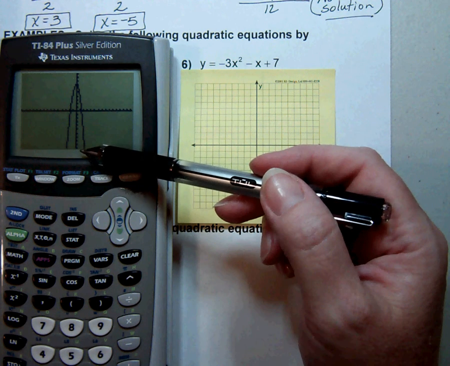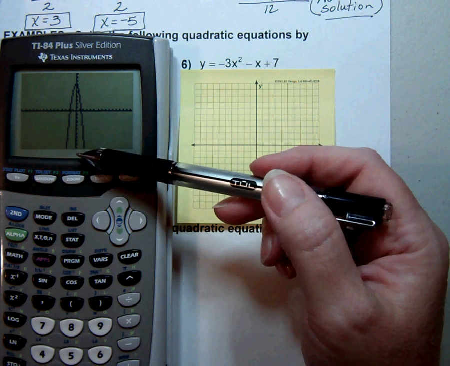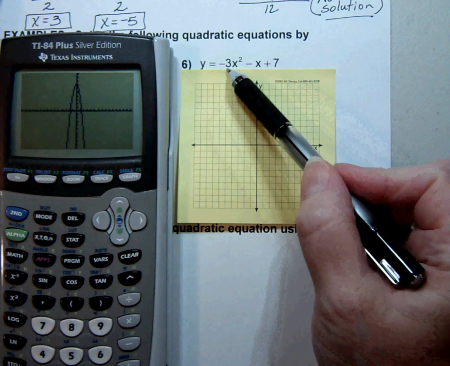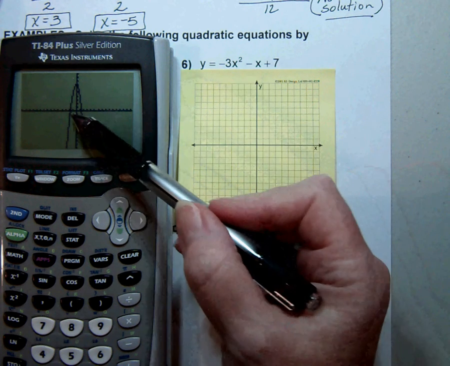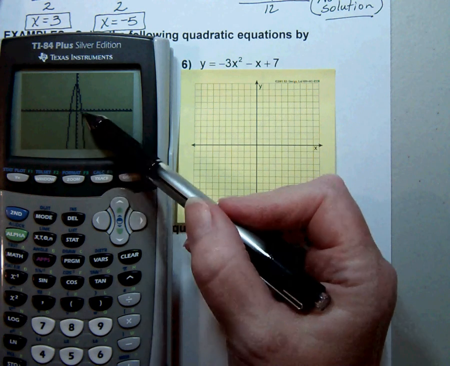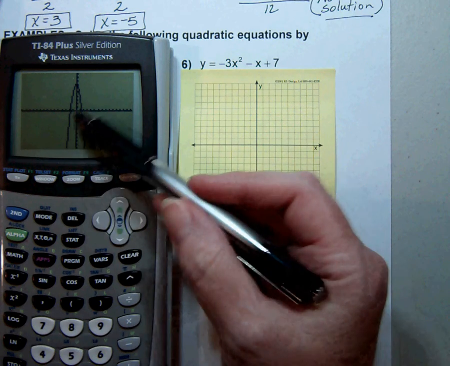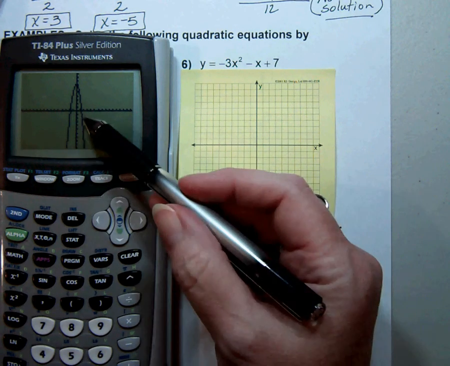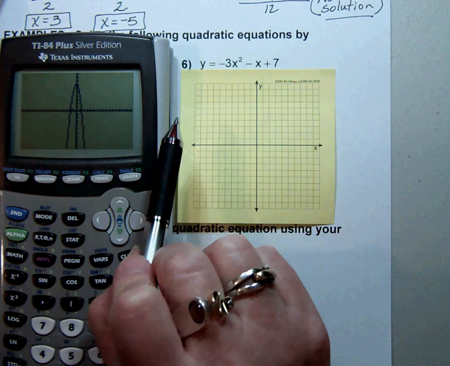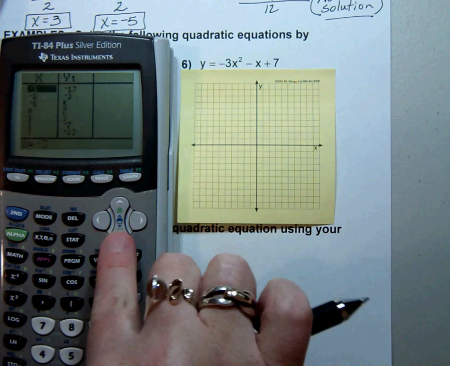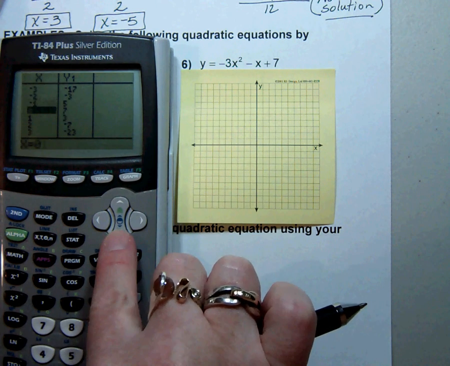Because it's a negative 3x squared, it looks like it doesn't hit the x-axis at exact points, and I'm going to show you how to get that in just a second. But let's see if we can figure out where some of these points are.